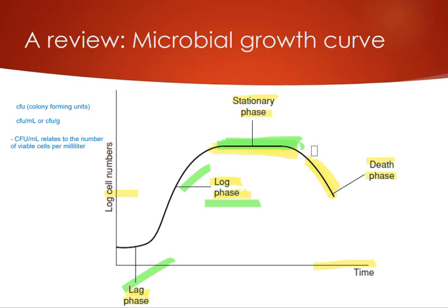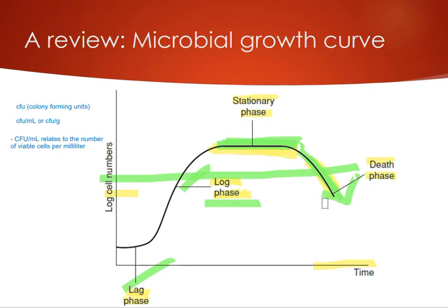So, with further exposure to longer time, you have here the death phase, where there is a decrease in the number of your living cells. As you can observe here, the number of your living cells basically decreases exponentially, as well as there is a decline in the population growth.